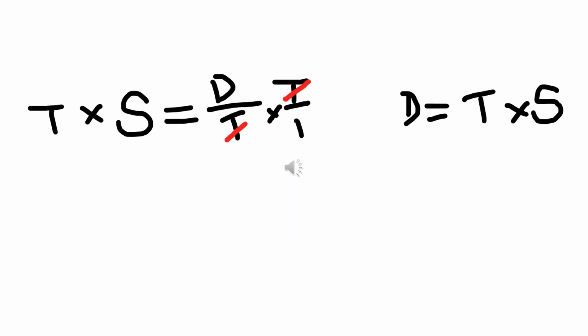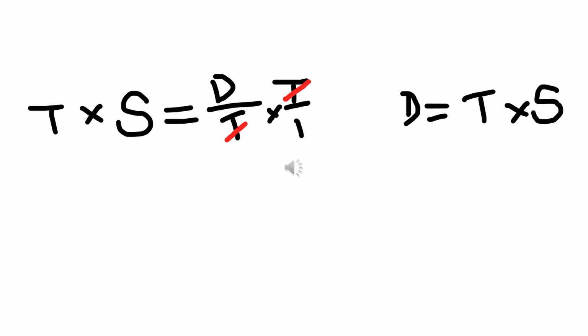All right, what if instead of giving us the time and the speed and expecting us to find out the distance, Dr. Weil instead gives us the distance and the speed, and he wants us to figure out the time? How would we go about doing that?